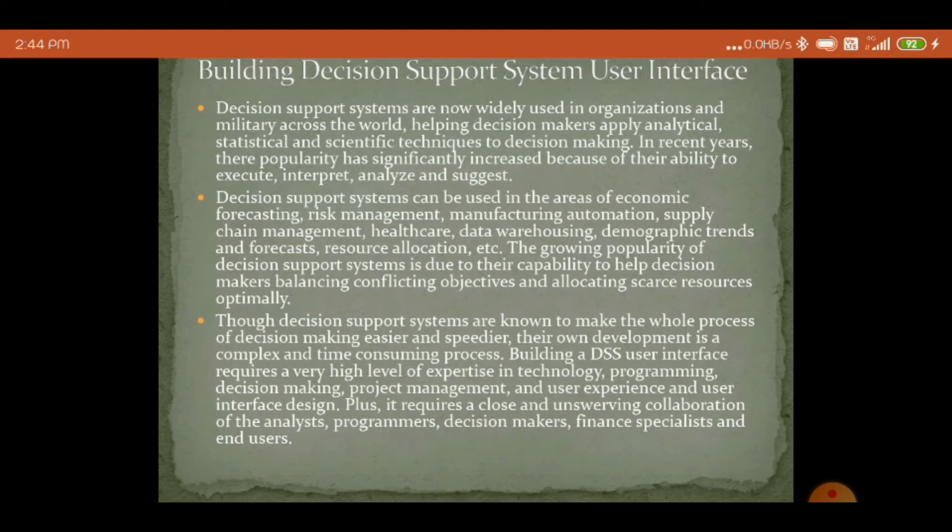Decision support systems can be used in the areas of economic forecasting, management, manufacturing automation, supply chain management, healthcare, data warehouse, demographic trend and forecast, resource allocation, etc. The growing popularity of decision support systems is due to their capability to help decision makers balance conflicting objectives and allocate scarce resources optimally. They are known to make the whole process of decision making easier and speedier.